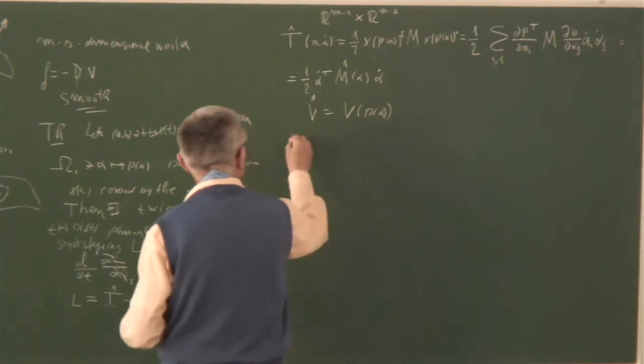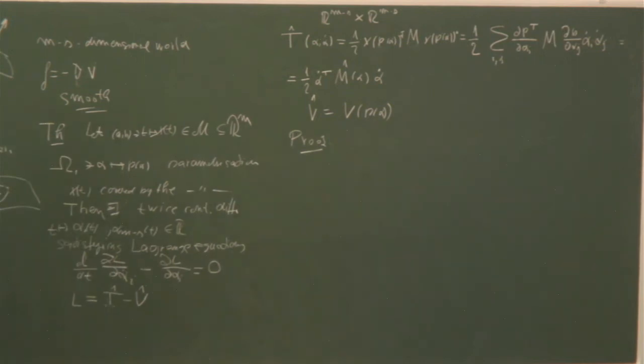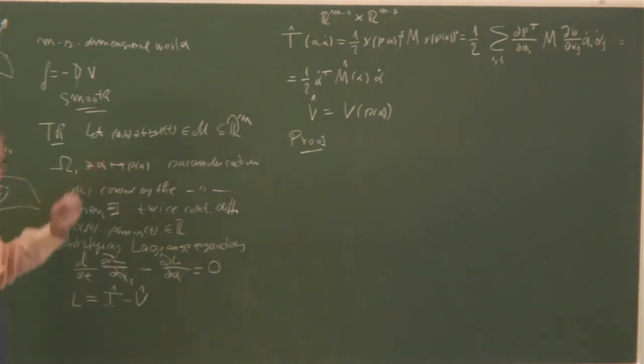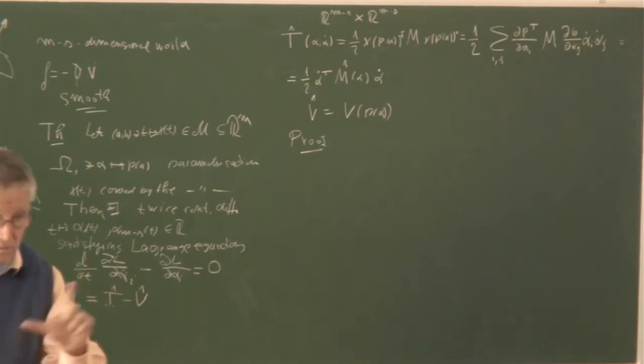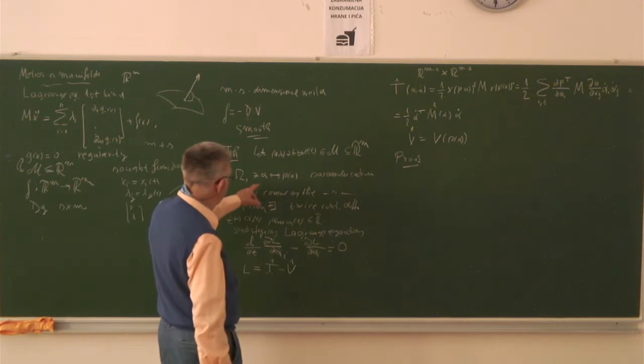Now for the proof. First we have to take care about the existence and uniqueness of those functions alpha of t. Well, this is secured by our theorem about parametrization. We know the parametrization is a bijection, and it is not only a bijection, but also bicontinuous. So those functions exist.